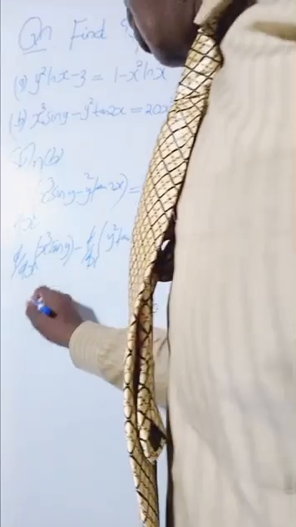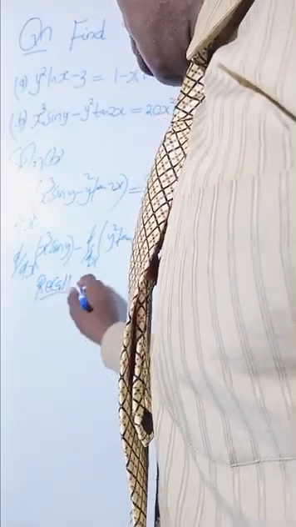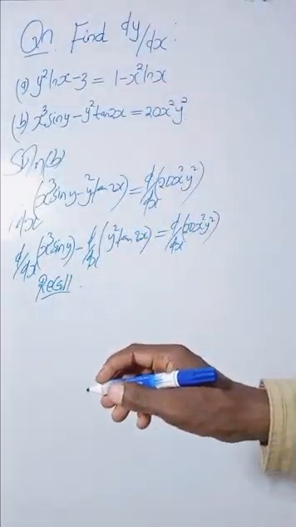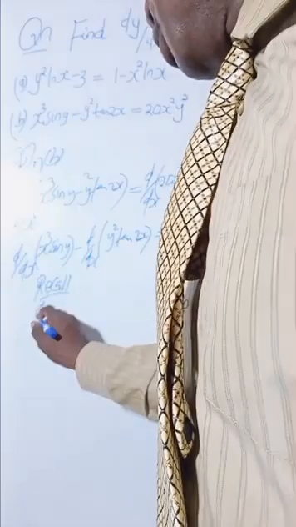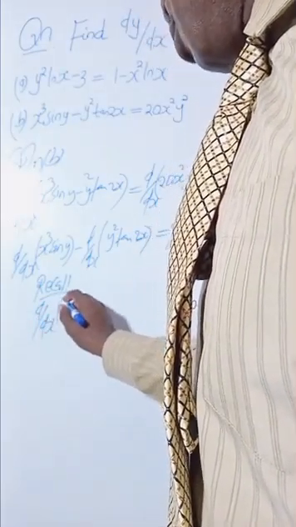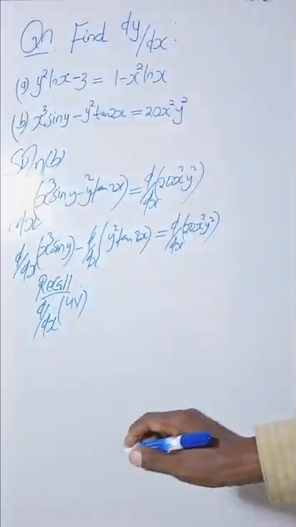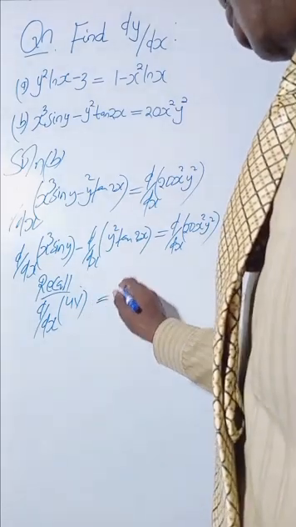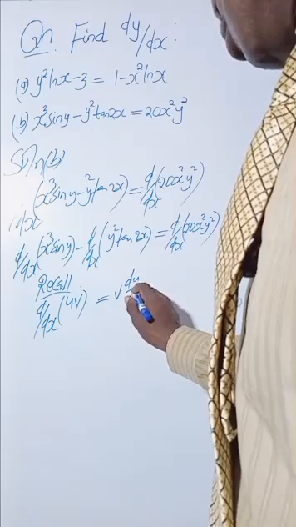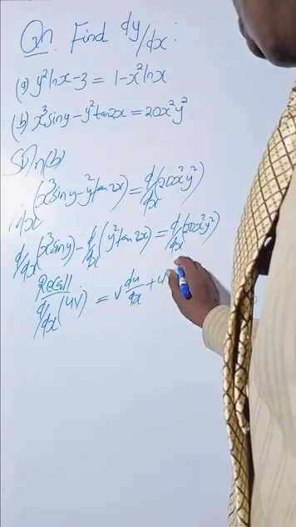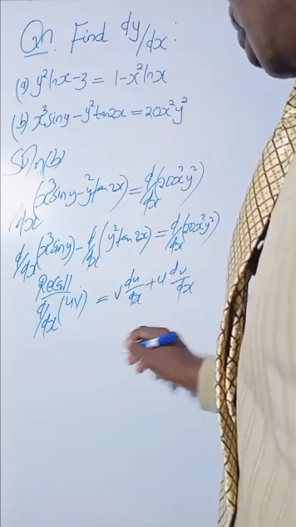So here we have to apply the product rule for these implicit functions: if you are differentiating with respect to x a product of two functions such as u and v, this is the same as writing v du/dx plus u dv/dx.